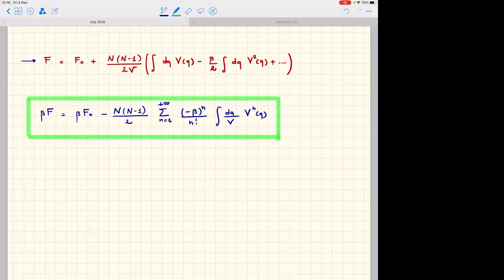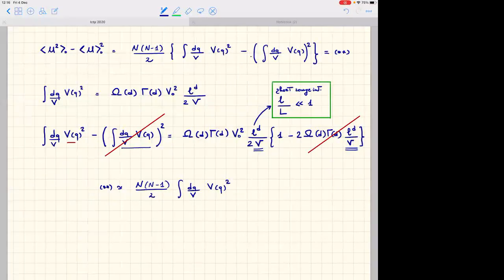If I go all the way to infinite order, it requires some thinking to get to this, but it's not hard. I mean, the logic is the same as the one I've shown you before. You just have to realize that this extra term that contains smaller powers of V is actually subleading as compared to this one that contains the correct power.